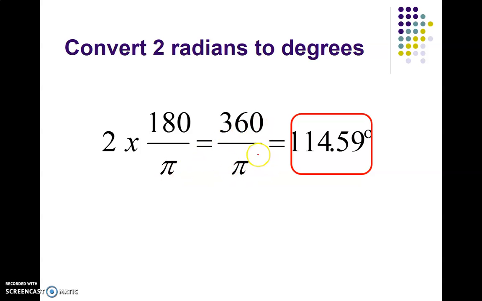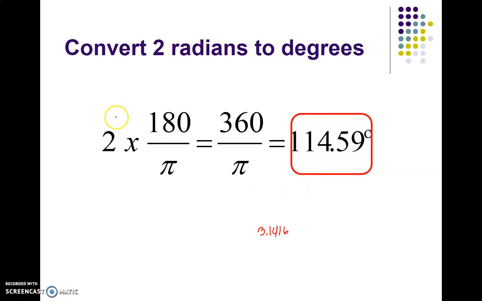And then the pi value here, remember, what is the given value of pi? We have 3.1416, right? So therefore, you're going to divide 360 by 3.1416. That will give us 114.59 degrees.